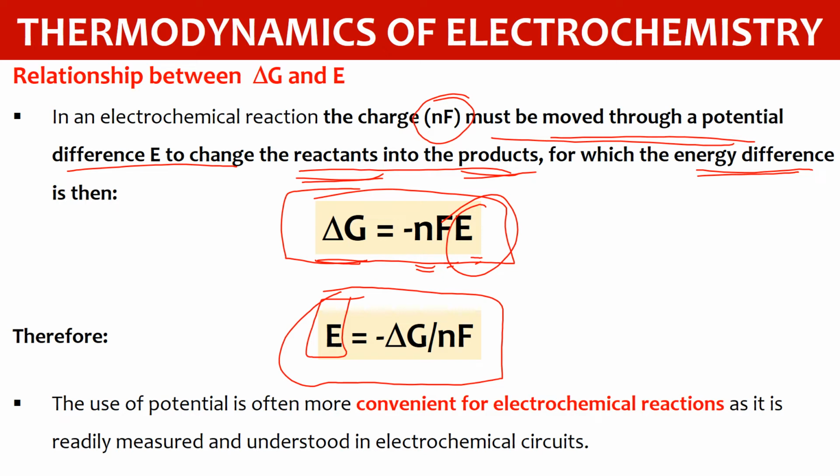It can be measured and altered in electrochemical circuits much more easily than the delta Gibbs free energy. Hence, you will see that all our diagrams, your Pourbaix diagrams, will not be in the form of Gibbs free energy. They will be in the form of potential and pH, of course.